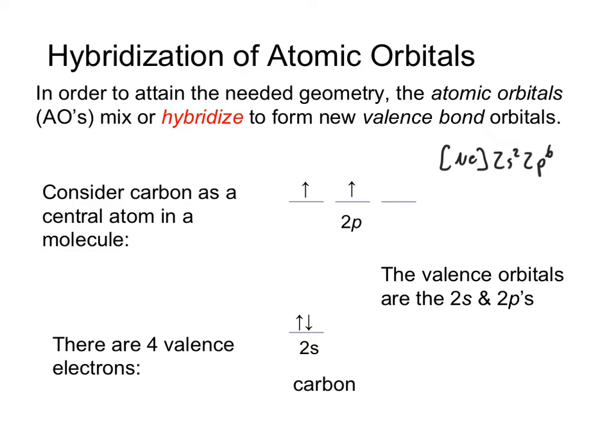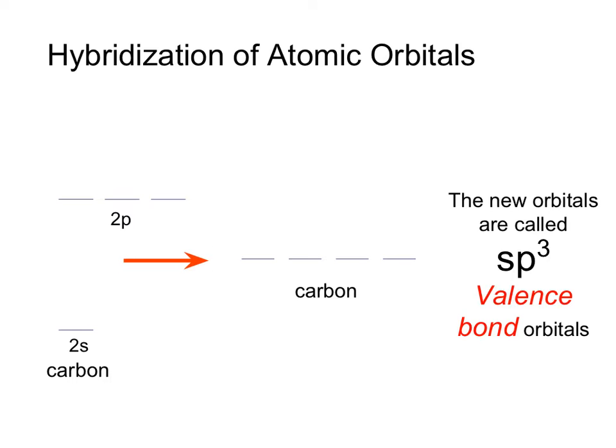However, in order to form bonds, what is now going to occur is that this s orbital is going to mix with these 3 different p orbitals in order to create 4 different hybridized orbitals. And so we see that here.